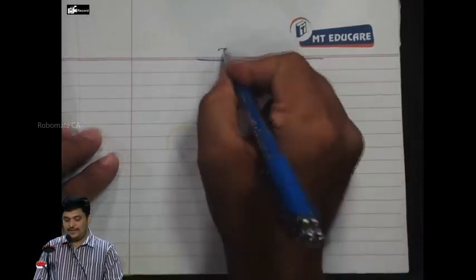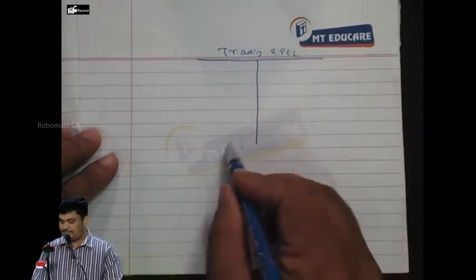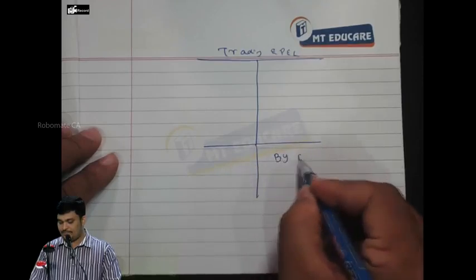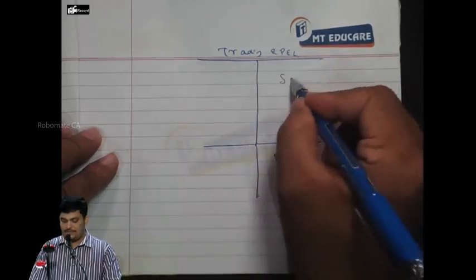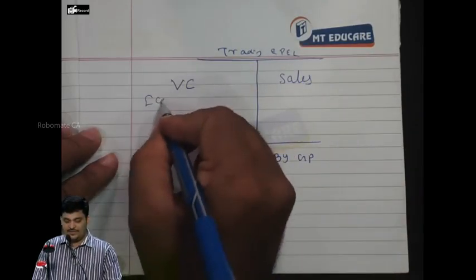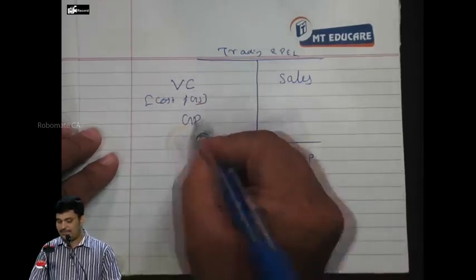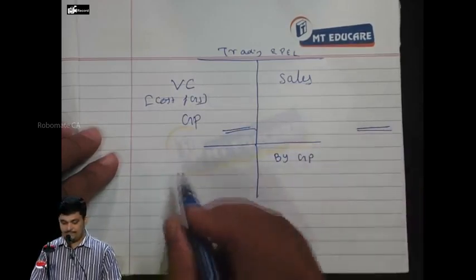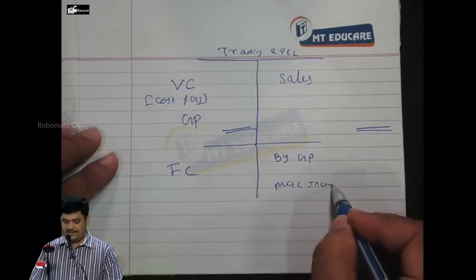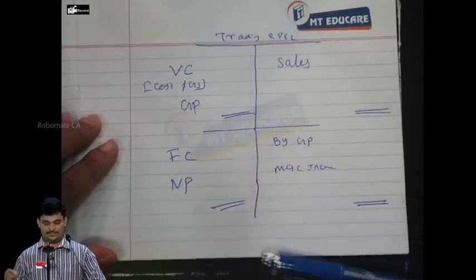If you go with the trading and P&L account: sales, variable cost, which means cost of goods sold, GP, fixed cost, miscellaneous income, net profit.